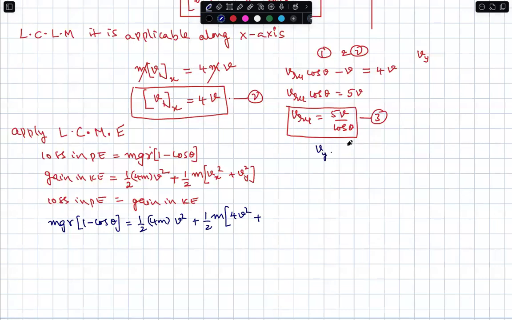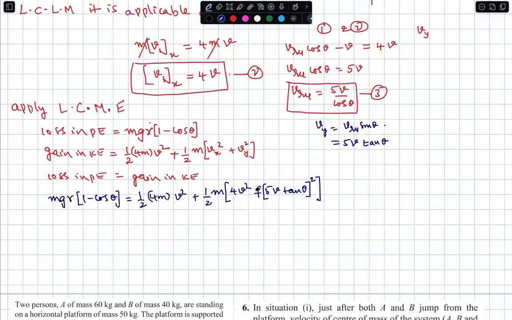Vy is nothing but V relative sin theta, which is 5V tan theta. That is, 5V tan theta square. That's all.